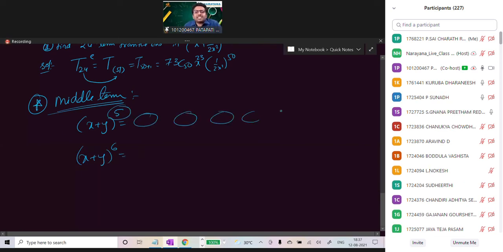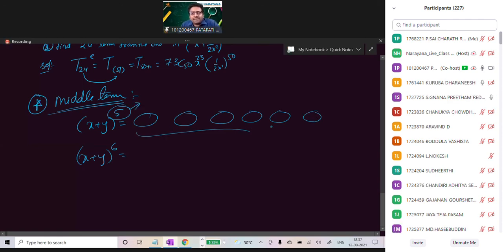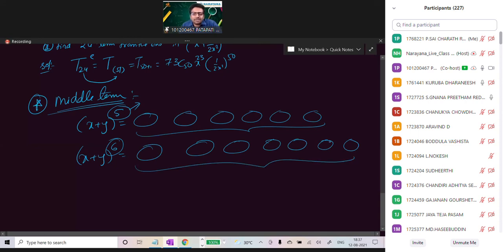You'll have 7 terms. If the number is odd, you'll have an even number of terms. If the number is even, you will have an odd number of terms, right? If there is an odd number of terms, there will be one middle term. If there is an even number of terms, there are two middle terms.